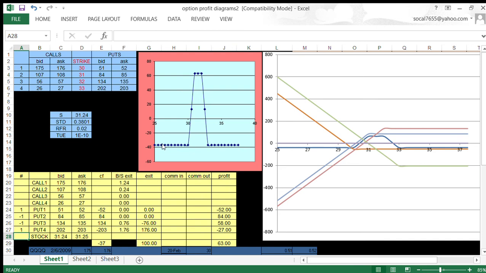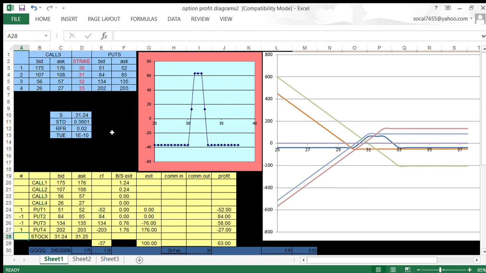Okay, this is a long condor. Even though it's got the same profit diagram as a short iron condor, it's known as a long condor. And again, it's appropriately called long because it starts with an initial cash outflow.